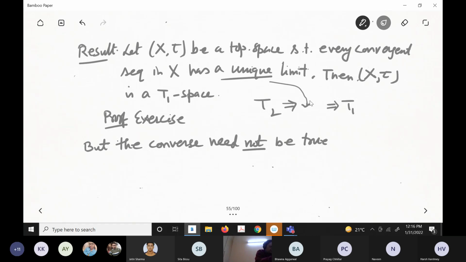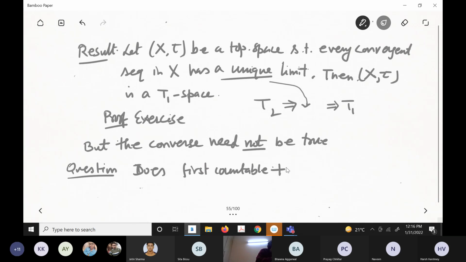So you should find one, but if you have first countable and T1, if you have first countable, the question is: I say first countable plus T1, does it imply T2?